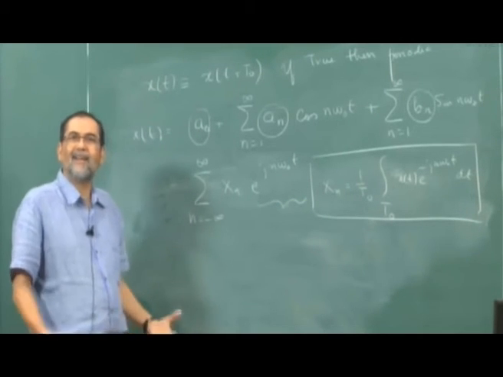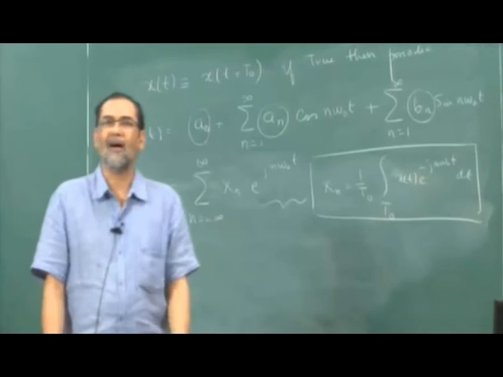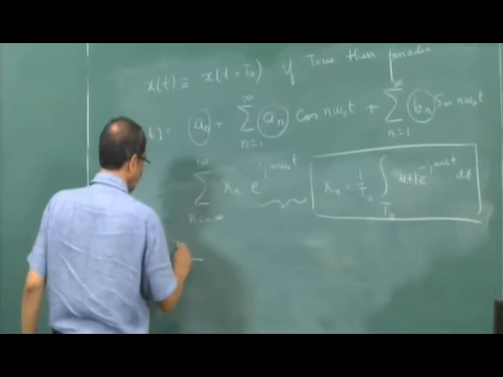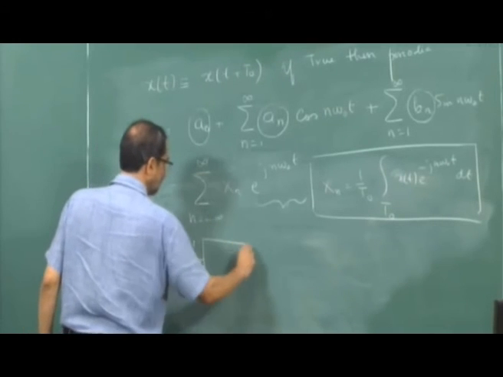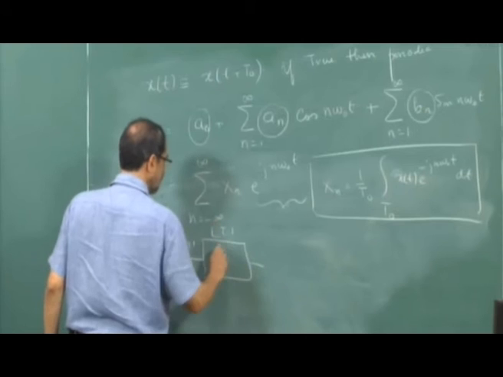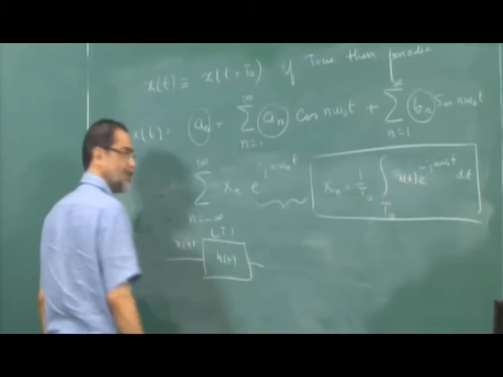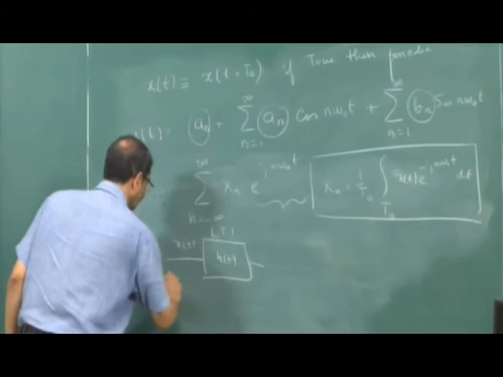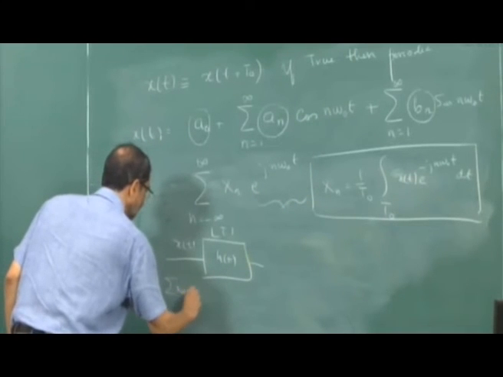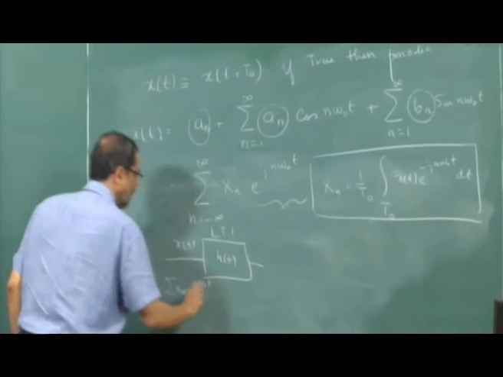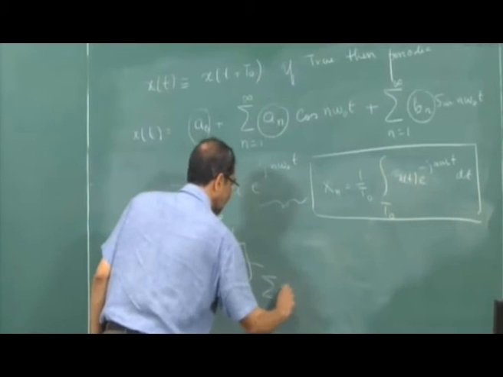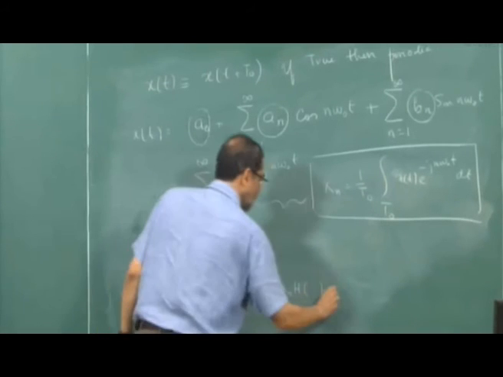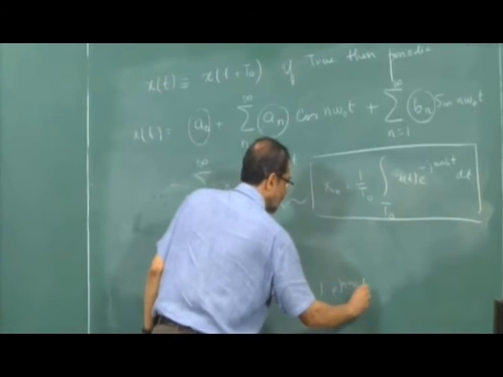Okay, and I can use the eigenfunction property. If this periodic x of t is given as an input to an LTI system of impulse response h of t, then I know that the same thing will come out. So if I give input xn e raised to j n omega naught t, the output will be xn with some function of h, I do not know what it is, and e to the power of j n omega naught t.